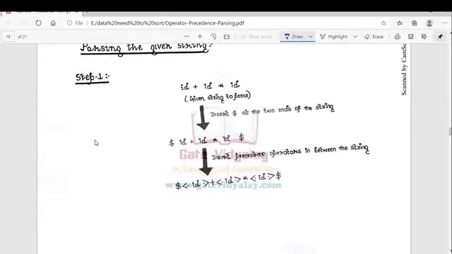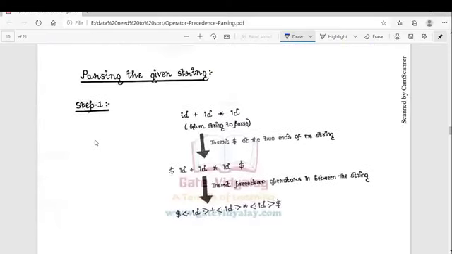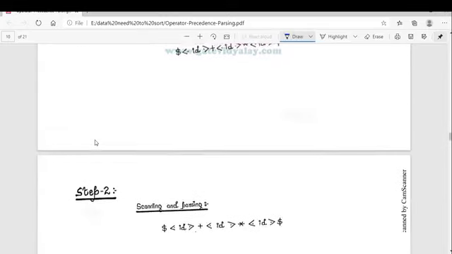This is the evaluation. I have written it in detail here too: how can we construct our parse tree by using this grammar?